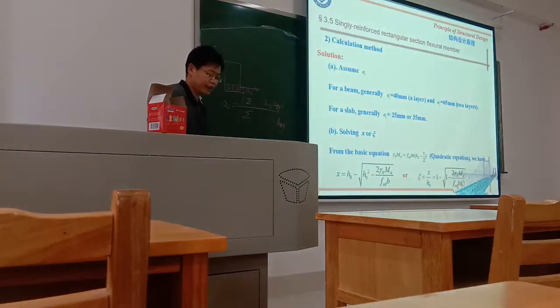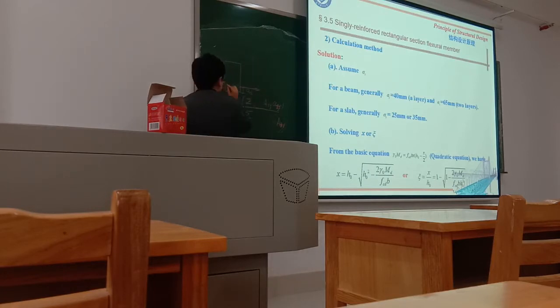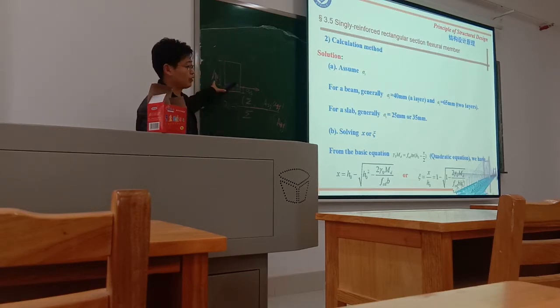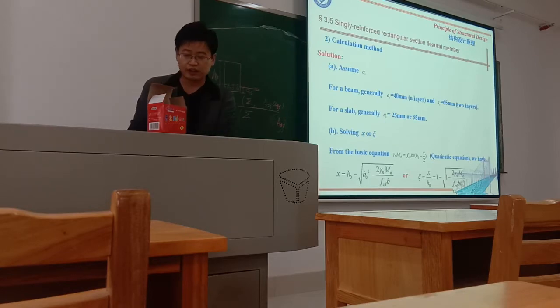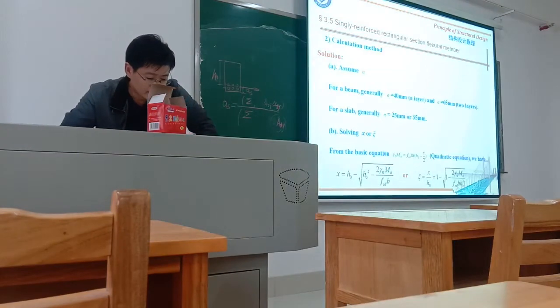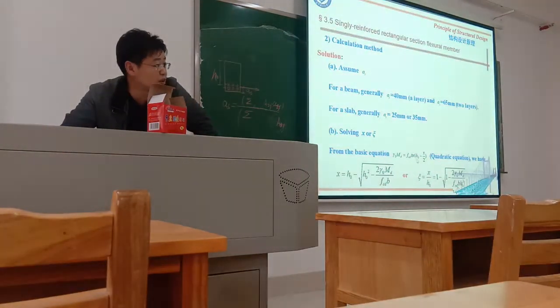So once you know the AS, we get this H0. Actually, our purpose is to get H0. H0 is the effective height of this beam. Because in the calculation formula, we need to get H0.